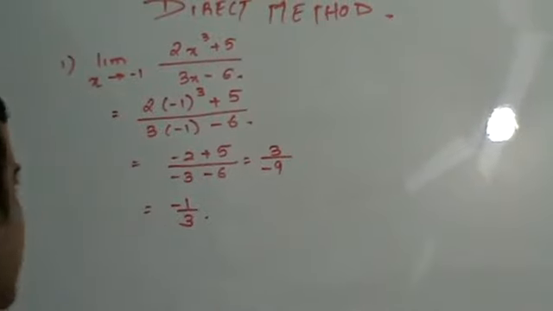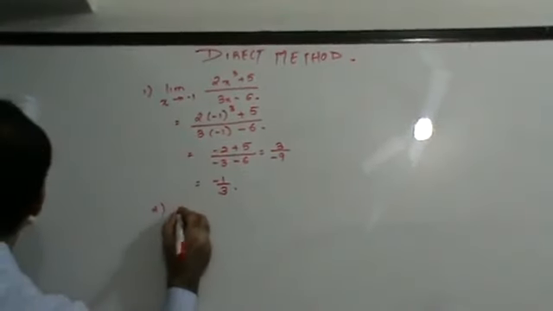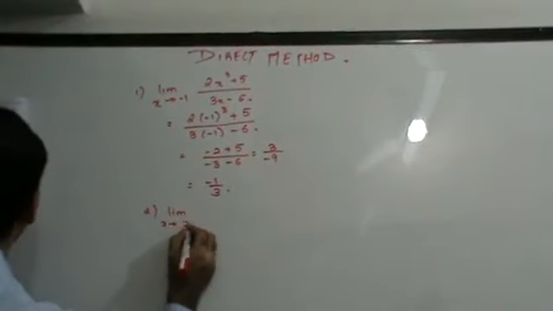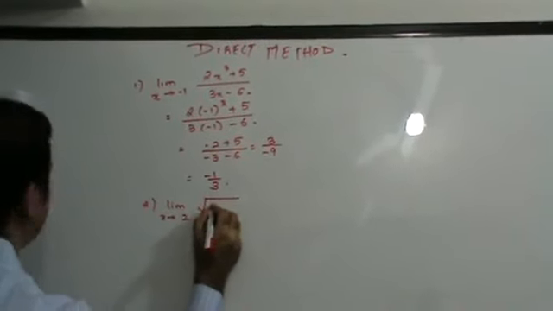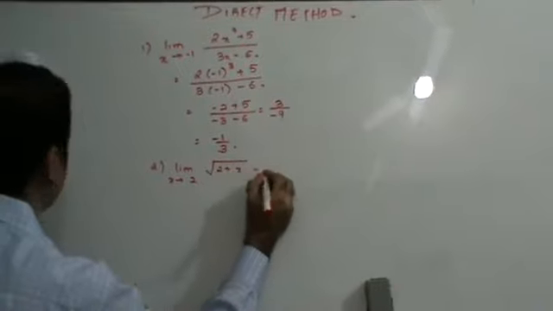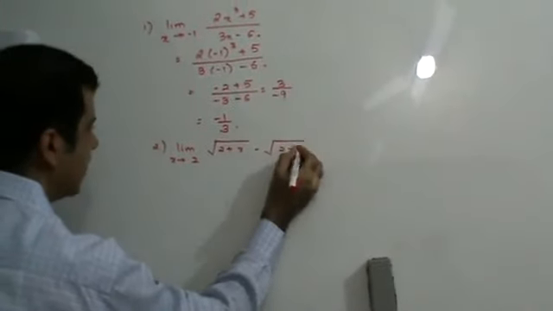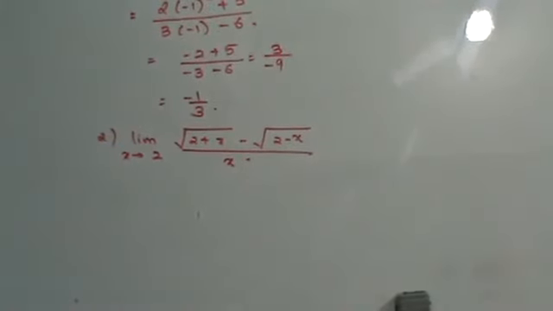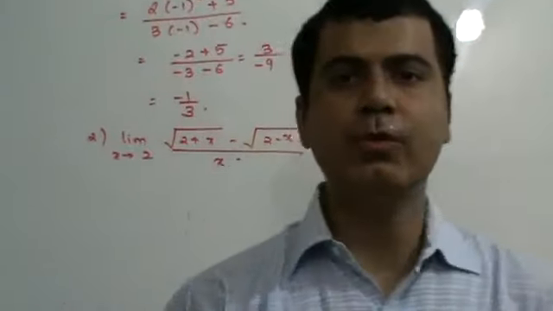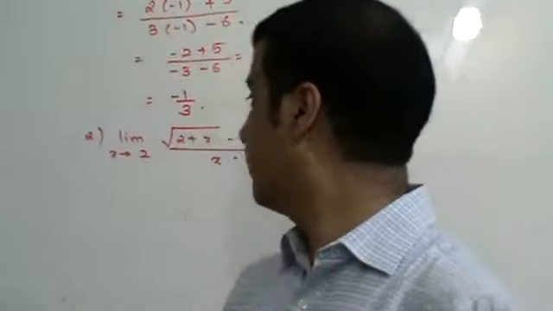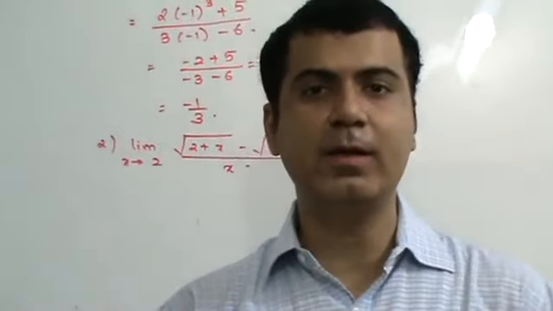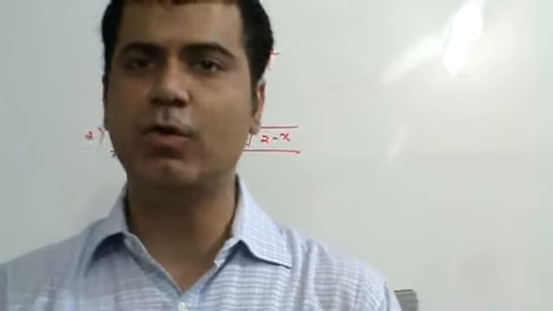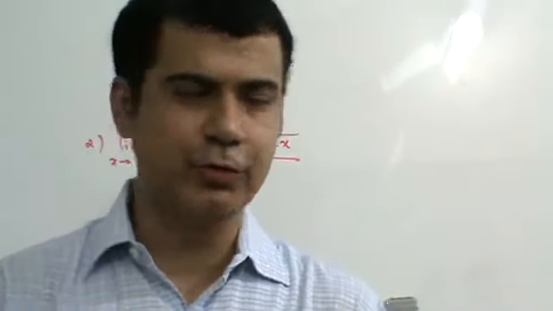Right? Let us try another sum of this kind. Limit of x tends to 2, (root of 2 plus x minus root of 2 minus x) upon x. Again, substitute the given value of x, which is 2, in the denominator and check if the denominator is 0. If the denominator is not 0, you can do direct substitution.